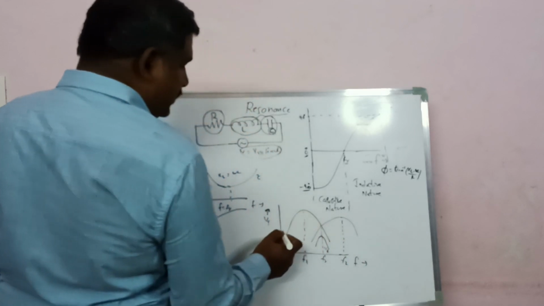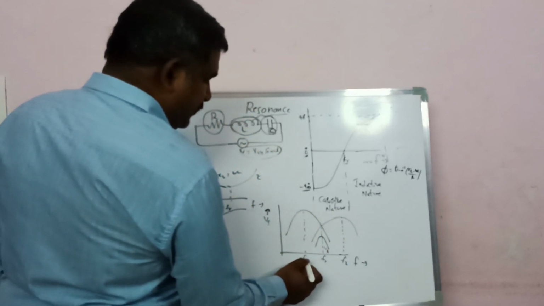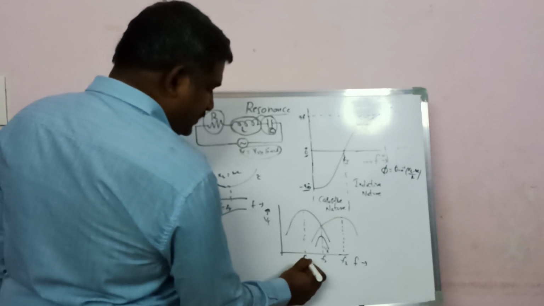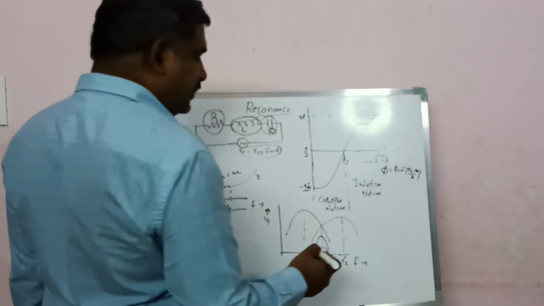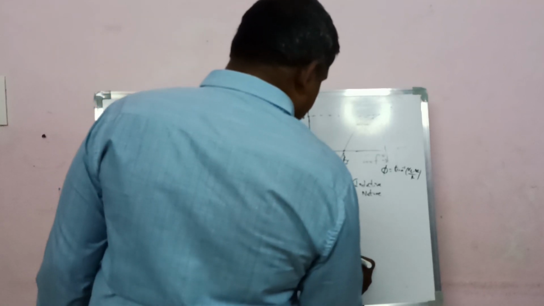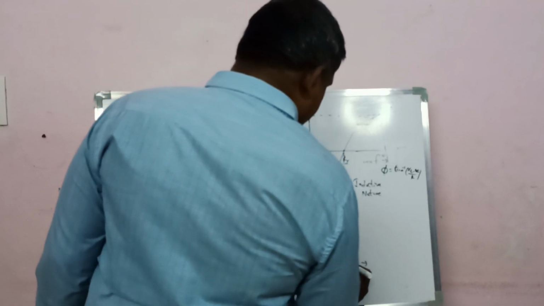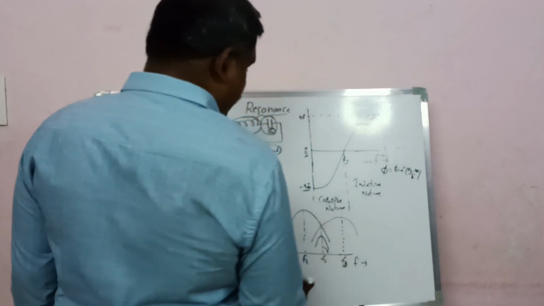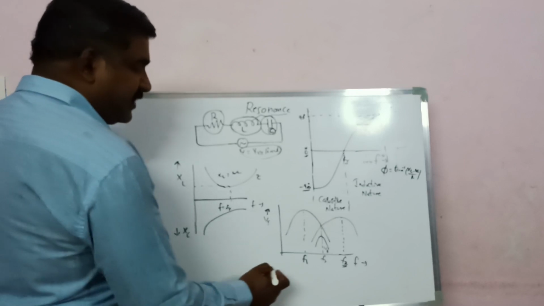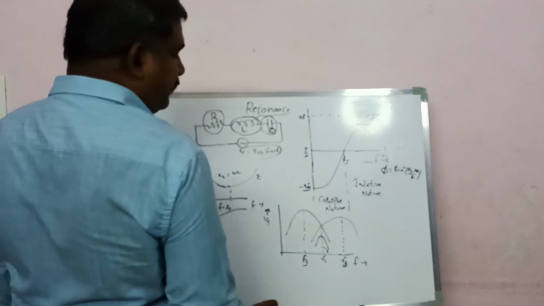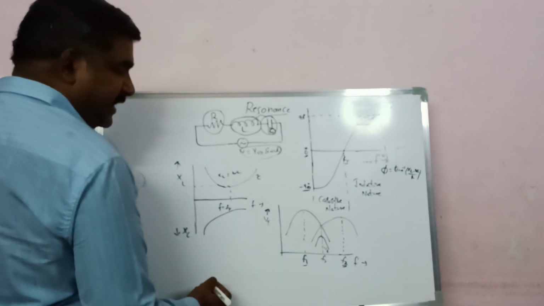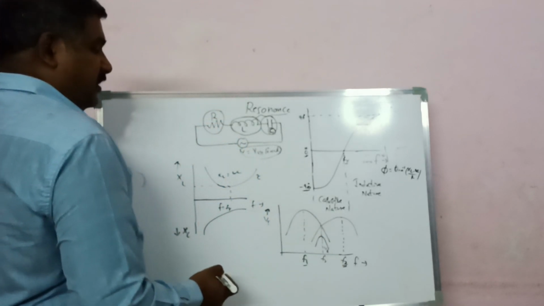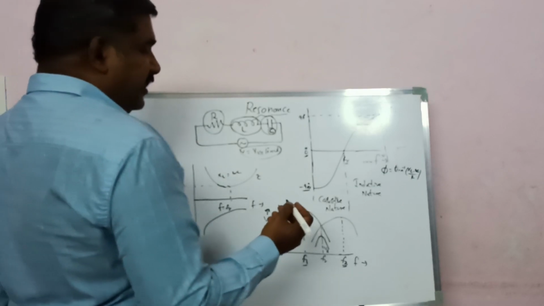The maximum voltage for VC occurs at F1, and similarly the maximum voltage across the inductance occurs at a frequency that we call F2. So we have two frequencies, F1 and F2. F2 minus F1 will be my bandwidth, and FR divided by bandwidth will be my quality factor.